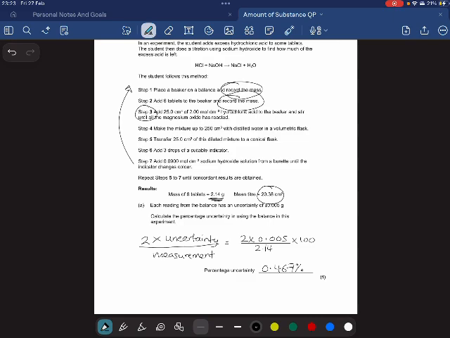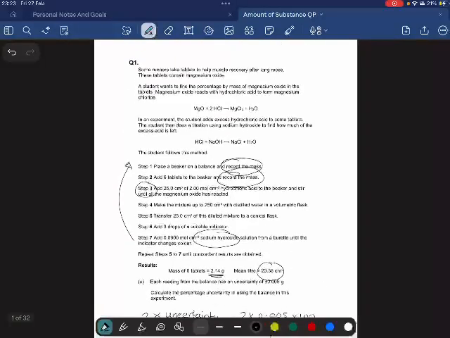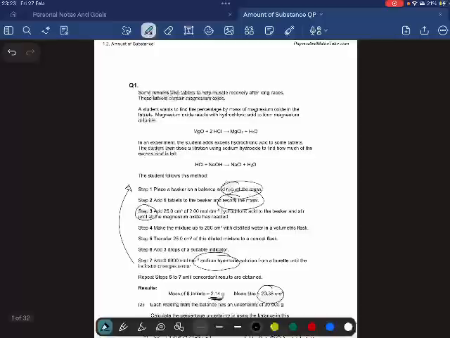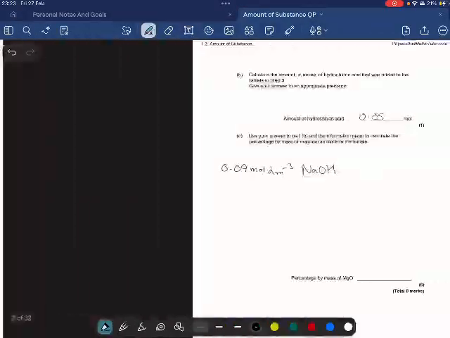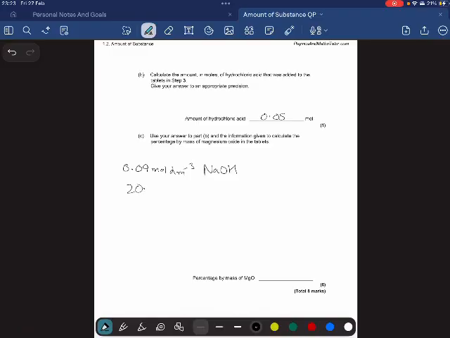And we know that this sodium hydroxide is basically the titer, or what is being used as the titer, because it's what is being titrated against. So our sodium hydroxide is our titer. That means we've put in our mean, 20.38 centimeters cubed of NaOH.